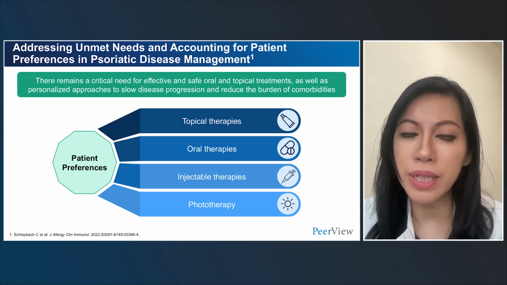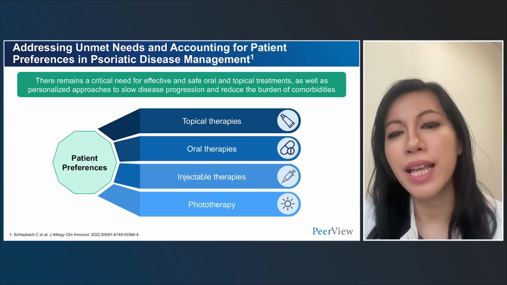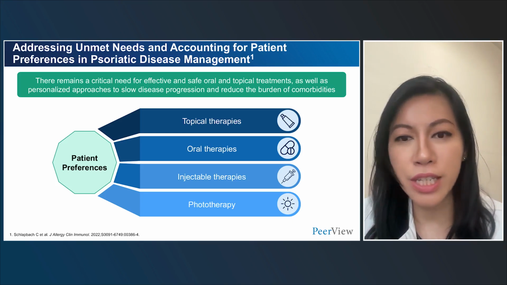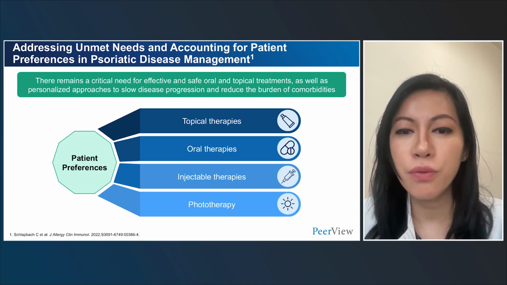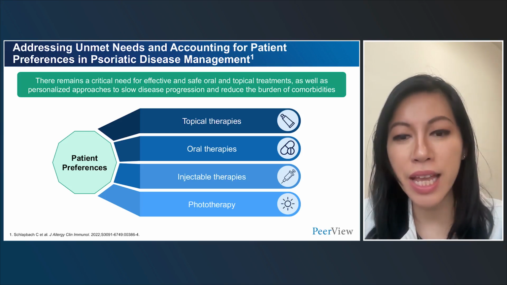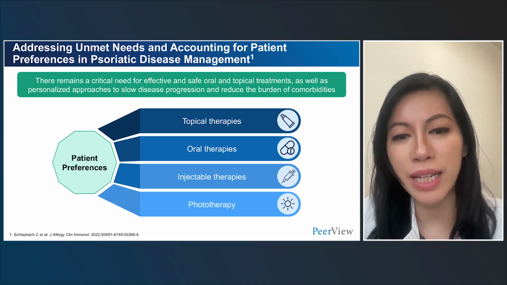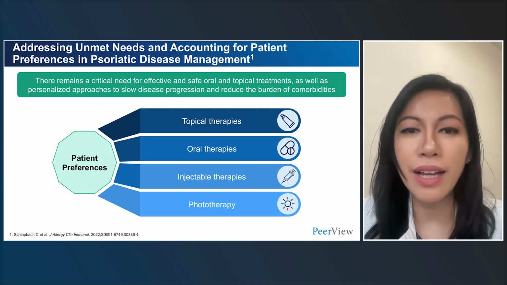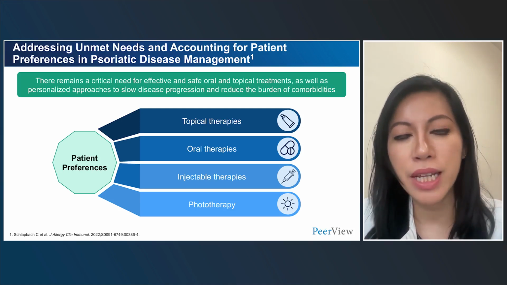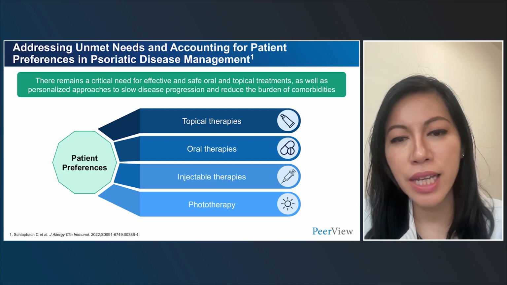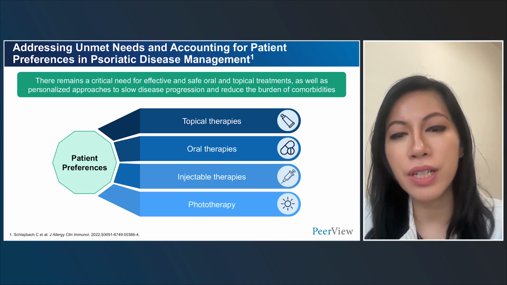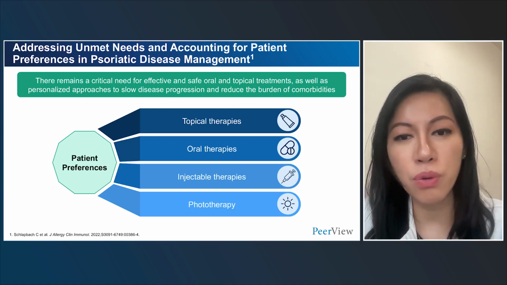It's very important that when we think about our patients, that we undergo this shared decision-making process and really understand their preference for the various medications and various administrations of medications. One thing I often talk to my patients about after reviewing the efficacy and safety of some of our medications is really thinking about whether they prefer an oral medication or an injectable medication.